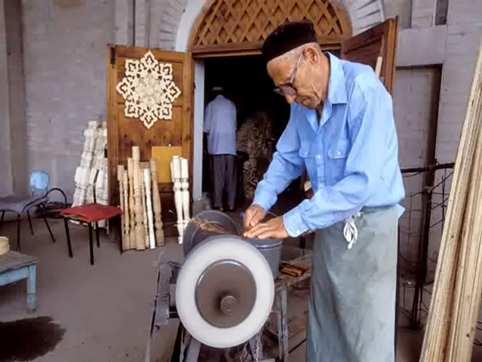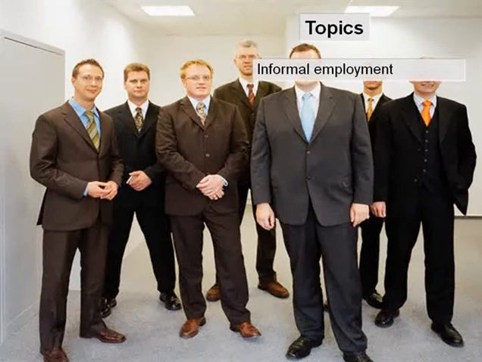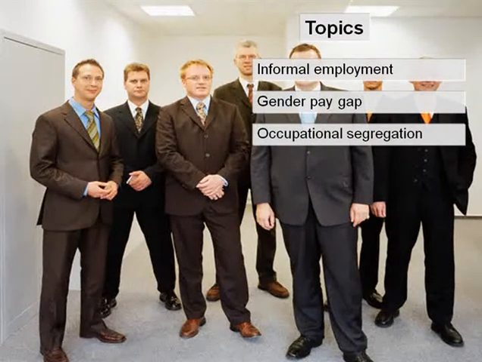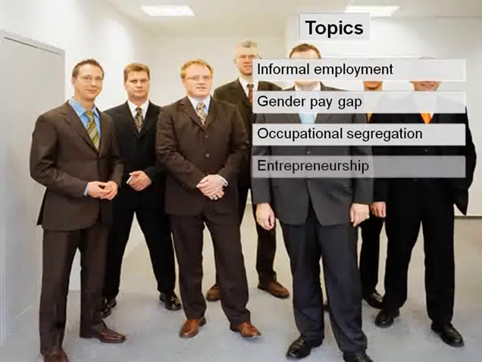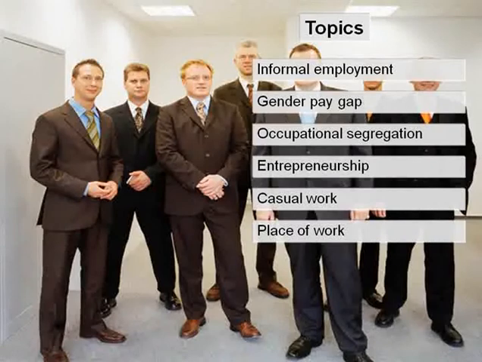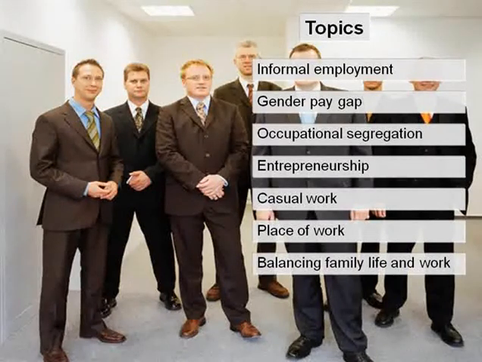All conventional topics in labour statistics are relevant to reflect gender distinctions, but special attention should always be paid to those topics where gender disparities are higher. Examples of such topics are informal employment, the gender pay gap, occupational segregation, entrepreneurship, casual work, place of work, and balancing family life and work.